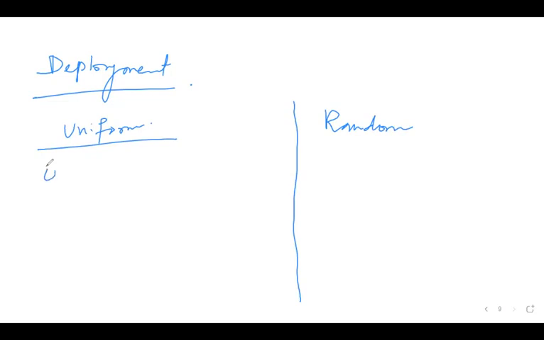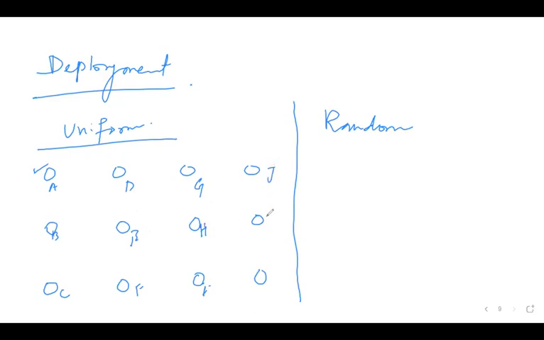If we have a uniform deployment, then all nodes will be deployed at equal distance from each other, and this is considered a very controlled environment. For example, we have these nodes, node A, B, C, D, E, F, G, H, I, J, K, L. We have these nodes, and they are deployed in this particular area in a uniform way.